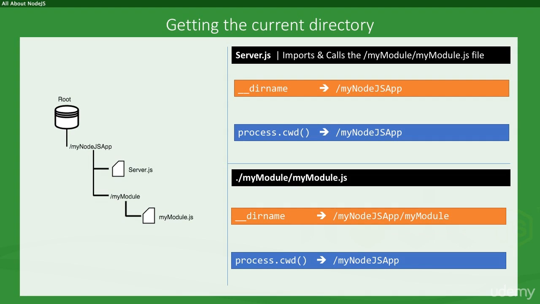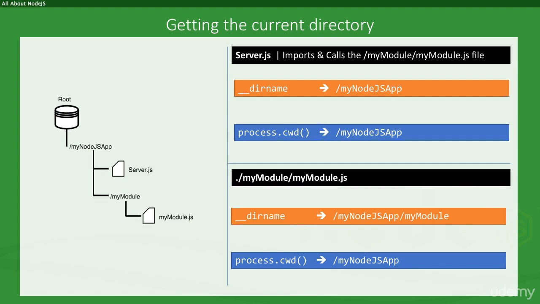So __dirname, when called from the server.js file, resolves to the folder my NodeJS app. This is the folder which contains the server.js file. The __dirname in the mymodule.js resolves to its local folder, that is my NodeJS app/mymodule. What this essentially means is that the __dirname property is local to every module that you import.